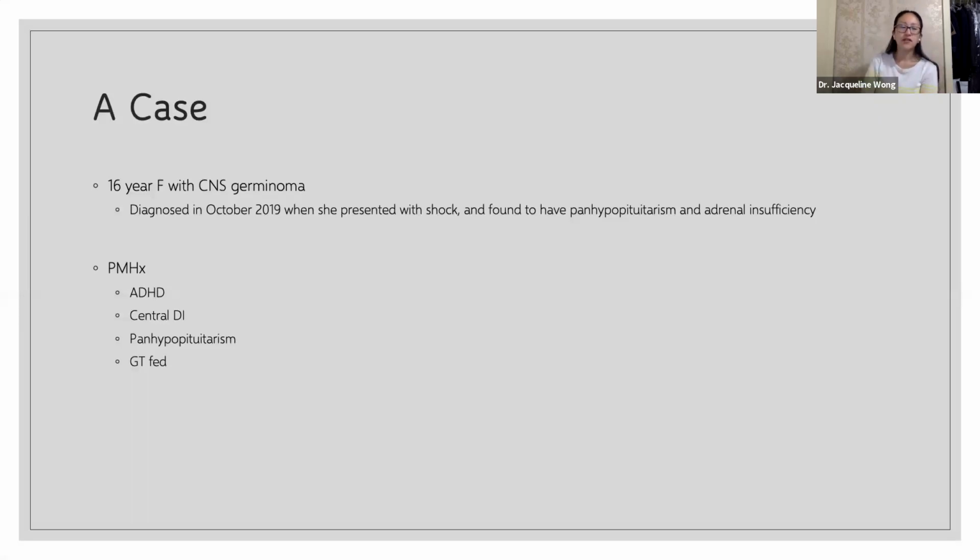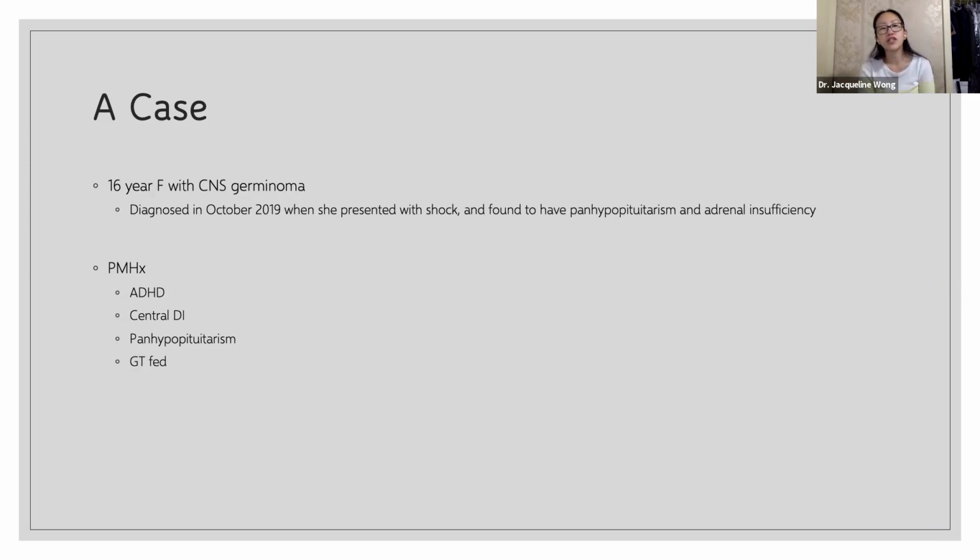So all that background, just to lead us to a case. This is a scenario that is not that uncommonly encountered on our oncology ward. So this is a 16-year-old girl with CNS germinoma. She was diagnosed in October of 2019 when she presented with shock and was found to have panhypopituitarism and adrenal insufficiency. Now that she's been with us a little bit longer, her past medical history list is a bit longer.